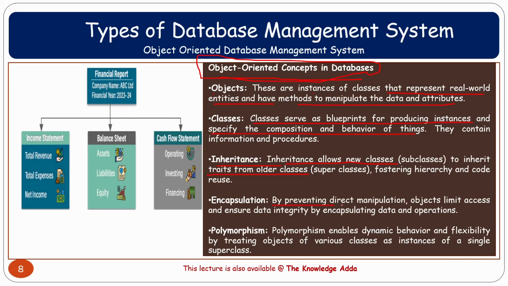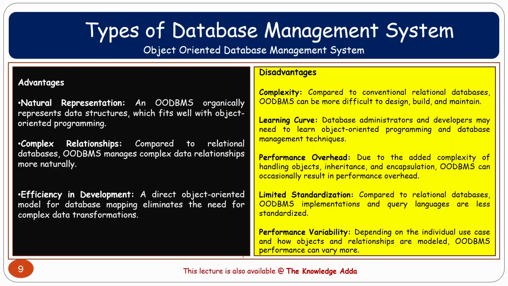Encapsulation, by preventing direct manipulation, objects limit access and ensure data integrity by encapsulating data and operations. And when you're talking about polymorphism, polymorphism enables dynamic behavior and flexibility by treating objects of various classes as instances of a single superclass.